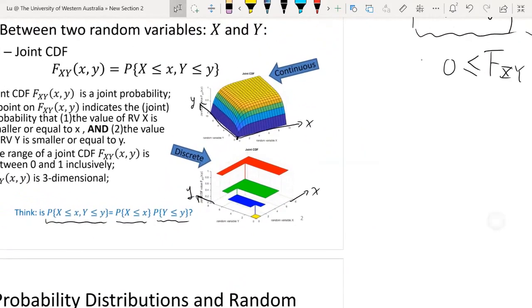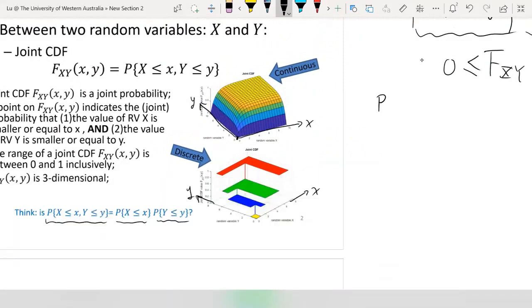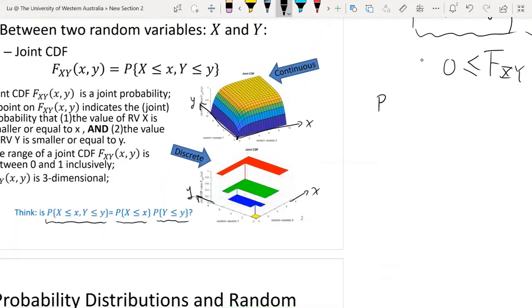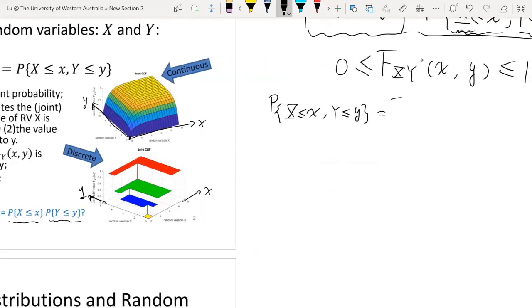We are evaluating the joint probability of x smaller or equal to the lower x, and the y variable is lower or equal to the given parameter lower y. We should understand this is actually our joint CDF function for x and y.